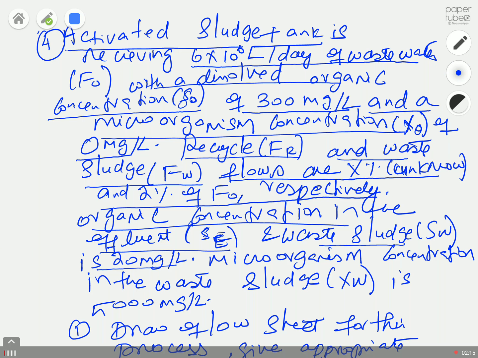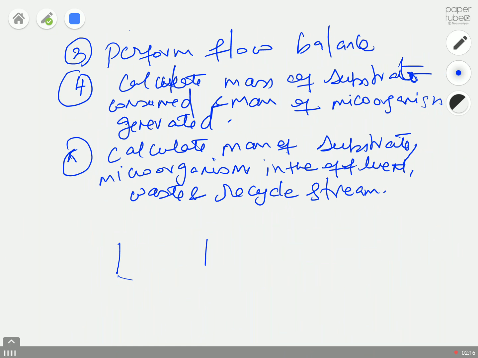So the activated sludge tank is like a continuous stirred tank. Something goes in, normally pollutants, organic compounds, organic pollutants. So this is your wastewater that contains a lot of organic pollutants. It goes inside, and we have some microorganisms inside the tank.